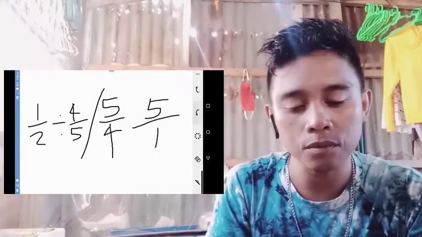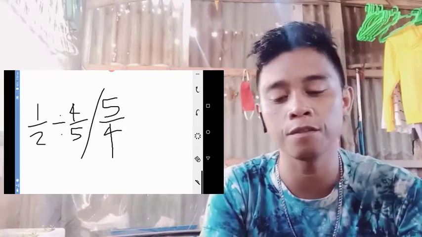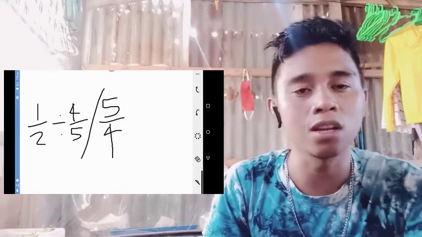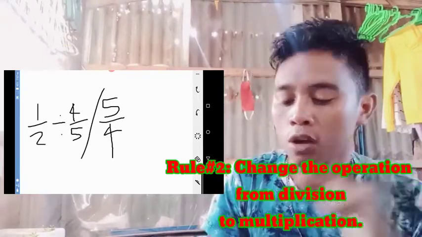The reciprocal of 4/5 is 5/4. The second rule is we need to change the operation from division to multiplication.